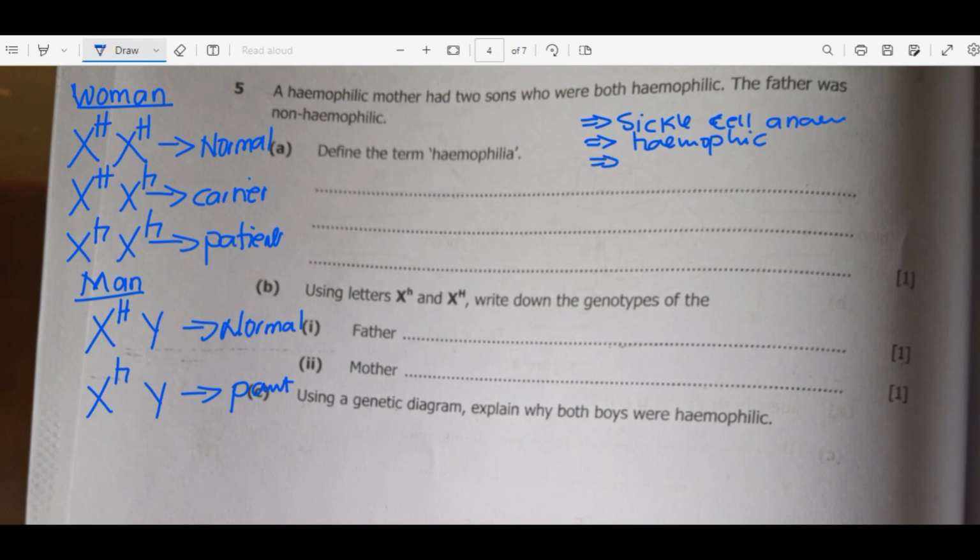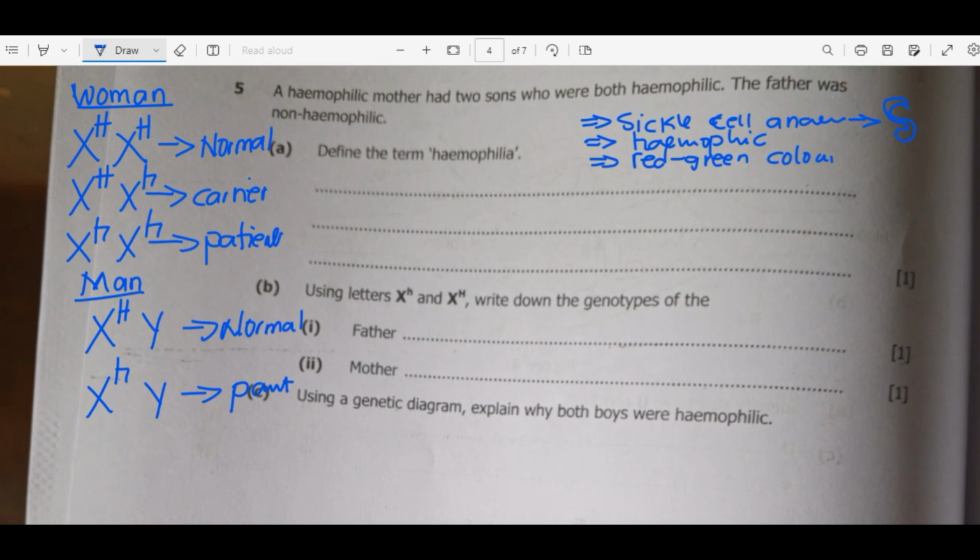Then for the third one, we can look at red-green color blindness. Now, each disease here has its effect. Sickle cell anemia is a blood disorder that changes the shape of the red blood cells into an S shape. Thus, the name sickle cell anemia.